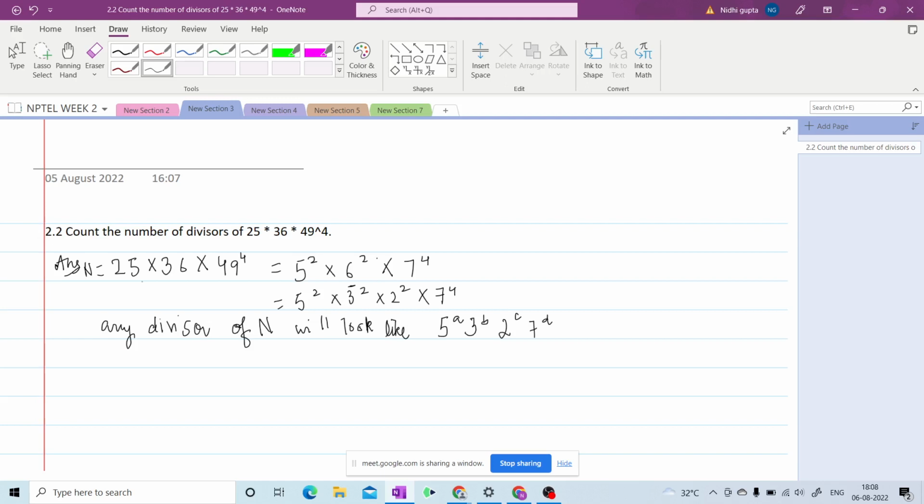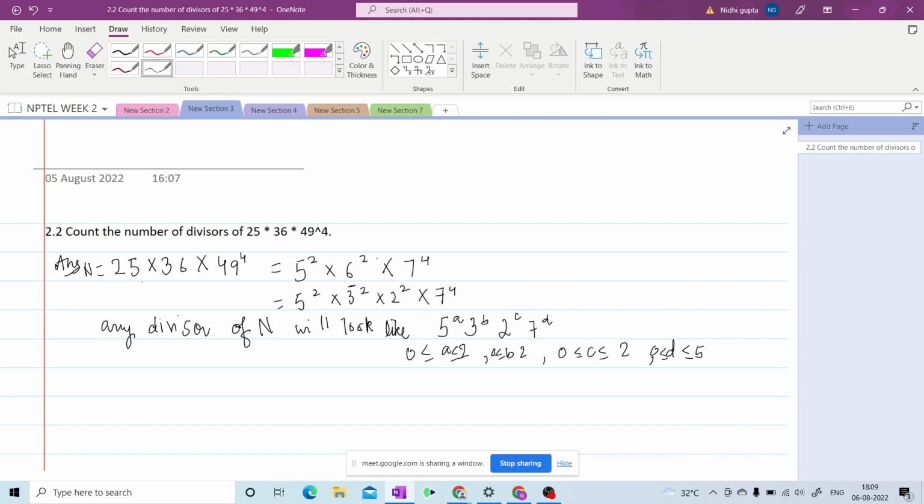What are the ranges for a, b, c, d? A lies between 0 and 2, B lies between 0 and 2, C also lies between 0 and 2, and D lies between 0 and 5.